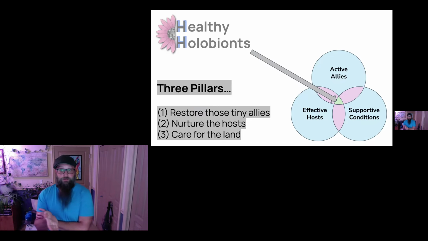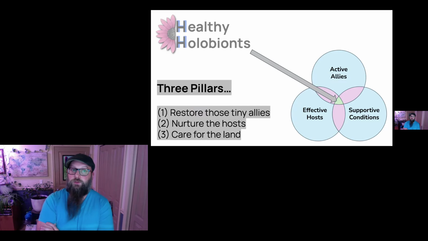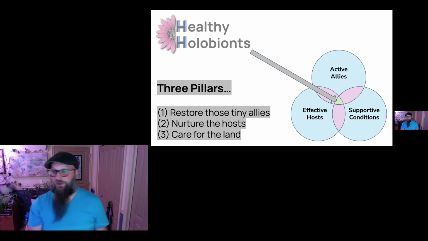Okay, this is my final slide, and it's kind of a summary of what I've talked about today. I've brought the graphic back up to remind you that healthy holobionts, it's about finding the overlap of these three primary ideas. And what goes along with that is three pillars. Because we need active allies to have a healthy holobiont, we need to take action to restore those tiny allies.